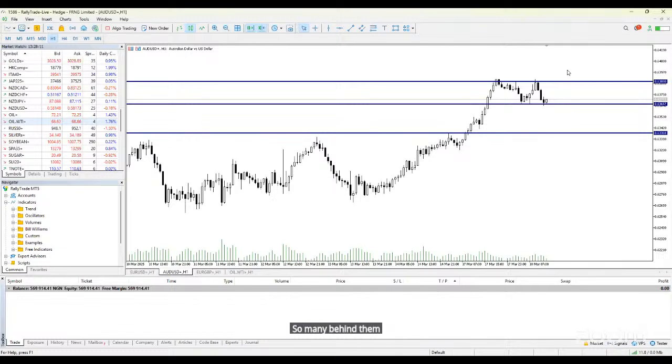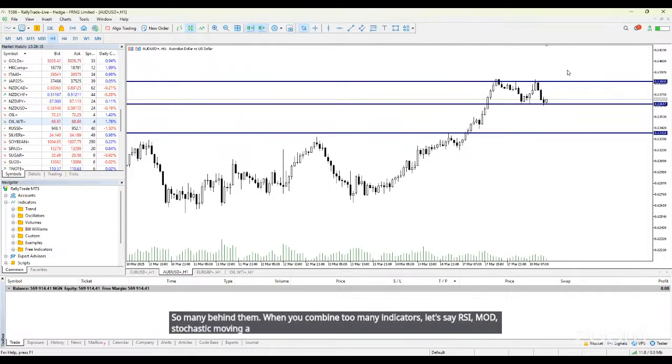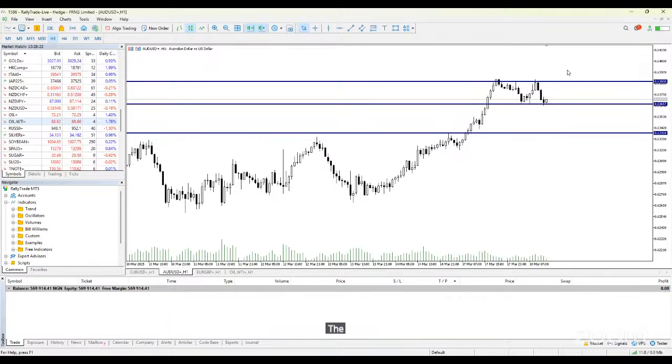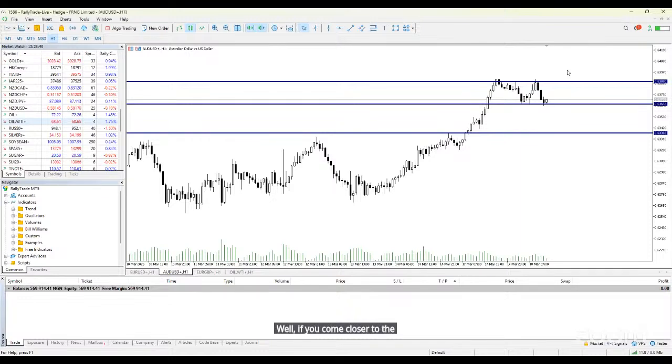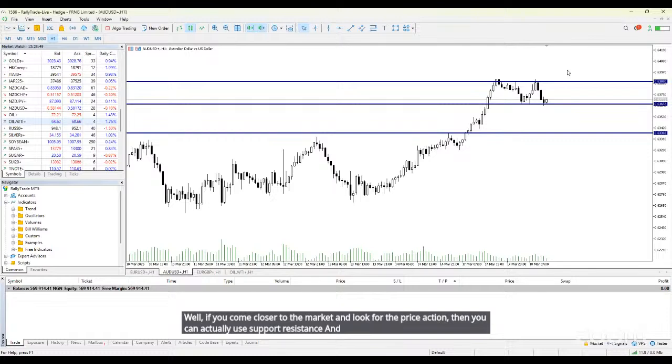When you combine too many indicators, let's say RSI, MACD, stochastic, moving averages, and so on and so forth, so basically you do a cocktail of so many, the signals will become not so visible and clear, because you will have maybe a buy signal on one, a sell signal on another indicator, and it will be very difficult to understand on which side you should be. While if you come closer to the market and look for the price action, then you can actually use support, resistance, and the trend, understanding what the trend is in order to have your entries.